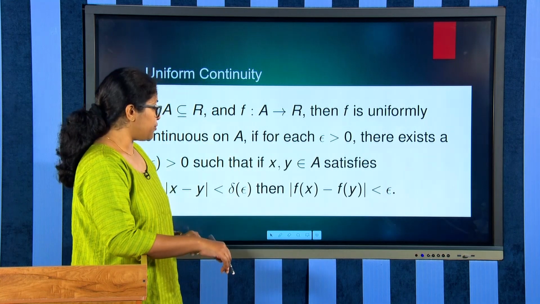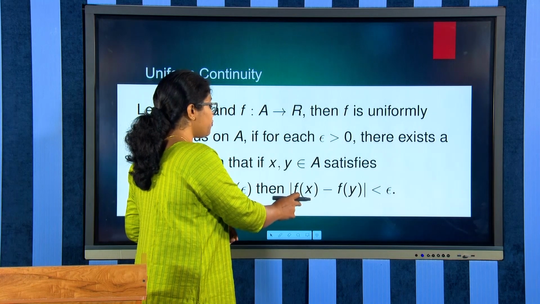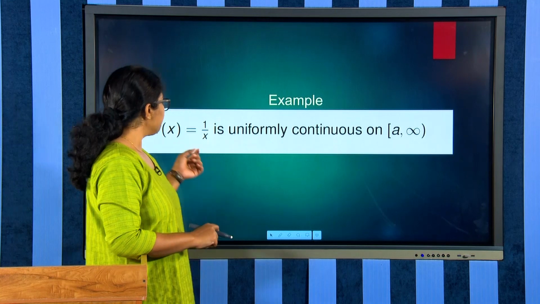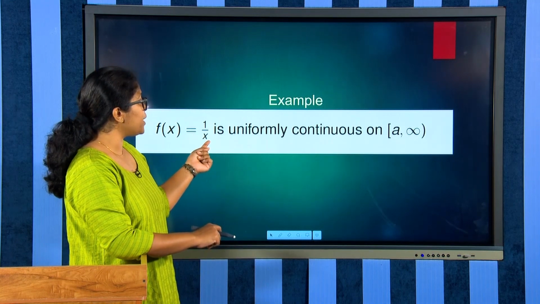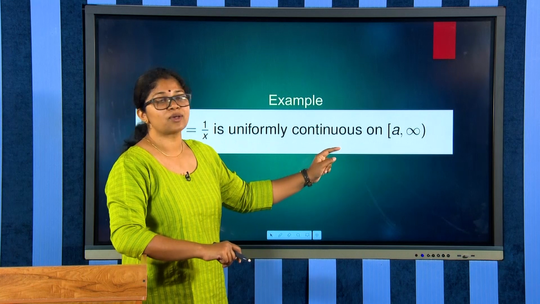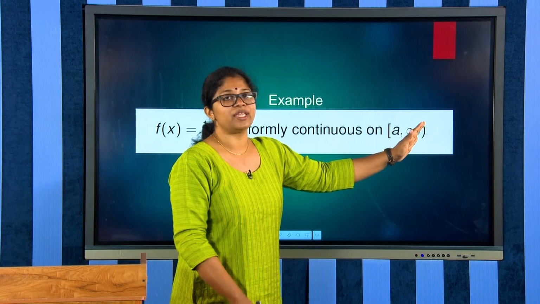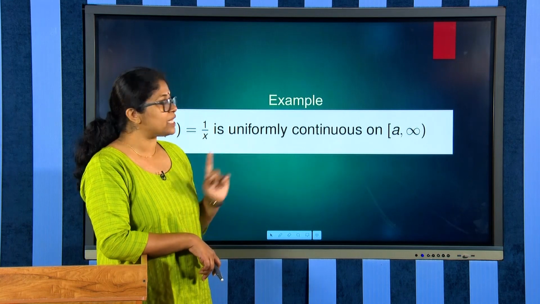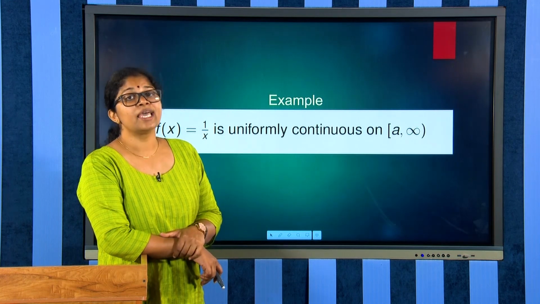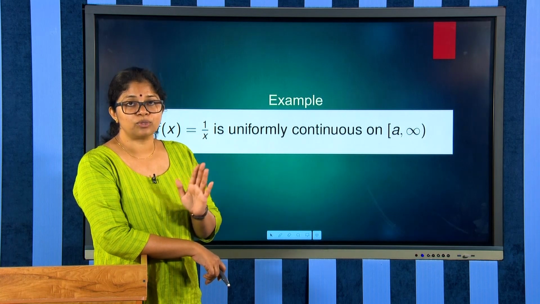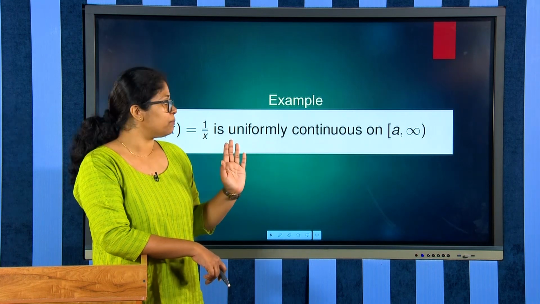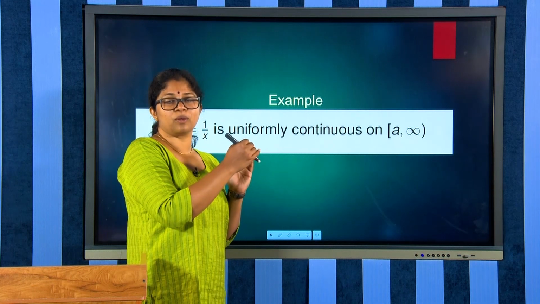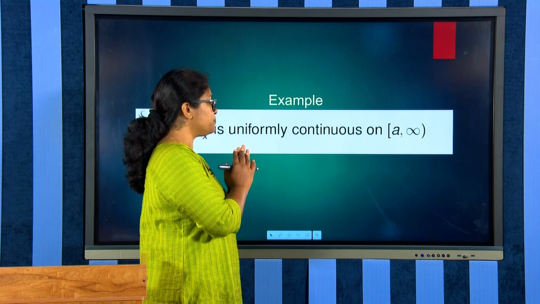So, that is the definition of uniform continuous functions. Now, as an example, we can see f of x is equal to 1 by x is uniformly continuous on some a to infinity, where a is strictly greater than 0, because just now we have seen that example 1 by x is continuous on the interval 0 to infinity or 0 to 1 or whatever it be, but it is not uniformly continuous as we become closer and closer to 0.